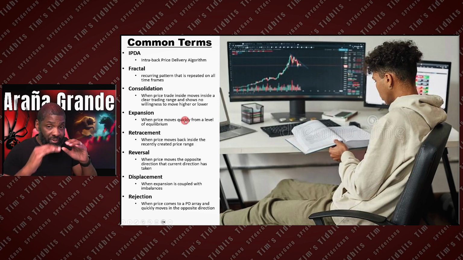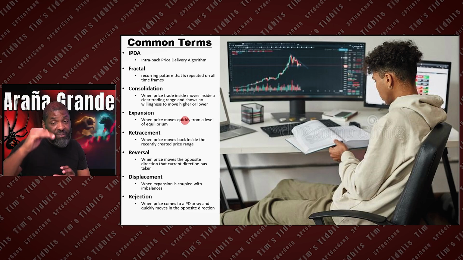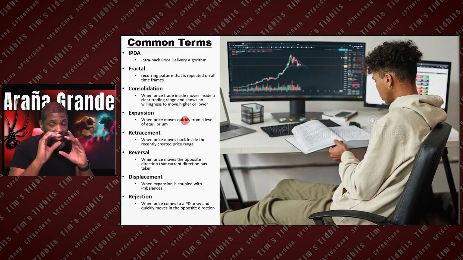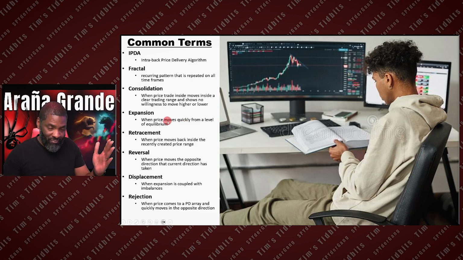Remember that term equilibrium? Price tends to consolidate at equilibrium because that's the fair value of that dealing range. You're not in premium, you're not in discount. So when you're at equilibrium, price tends to consolidate. And when price leaves a state of equilibrium most expeditiously, they call that expansion, right?